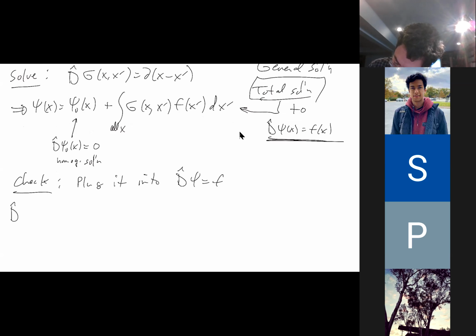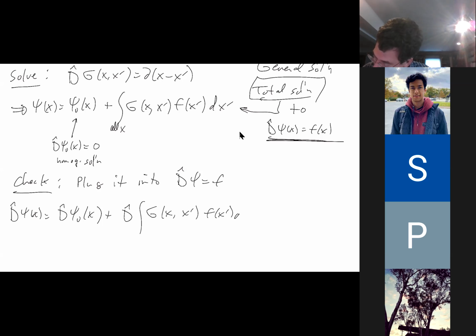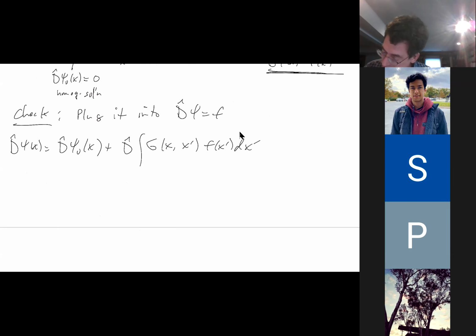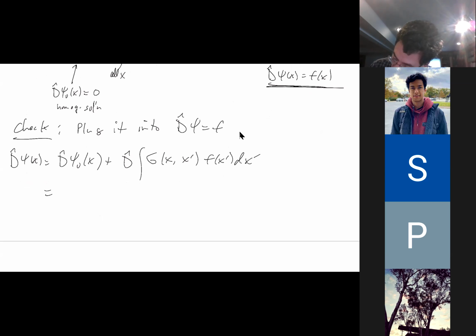D psi of x is equal to D psi naught of x plus D hitting this thing, g of x, x prime, f of x prime, dx prime.